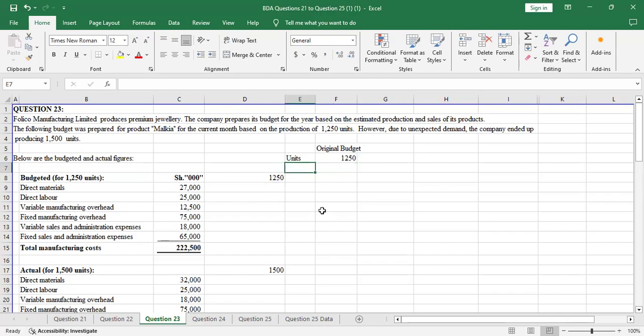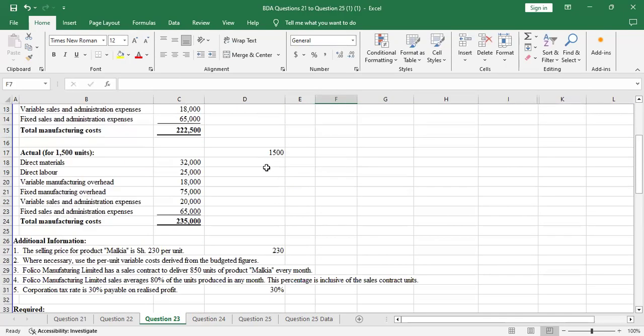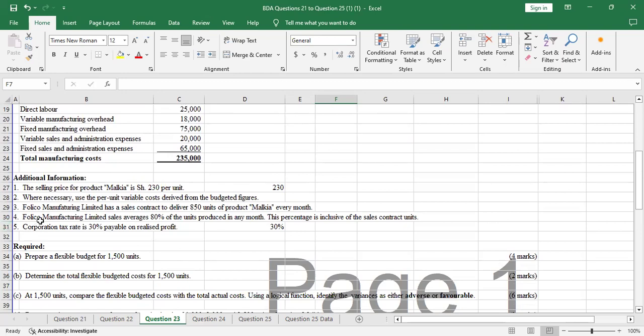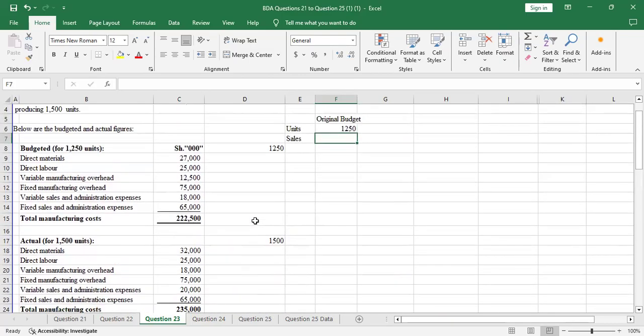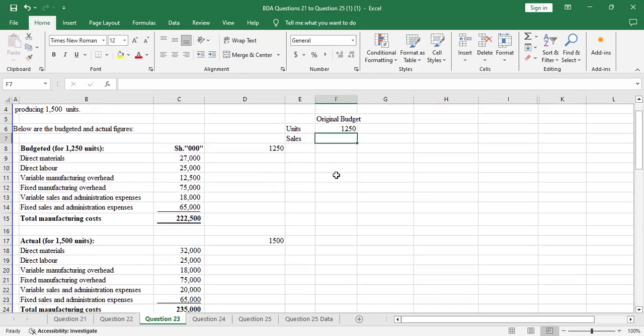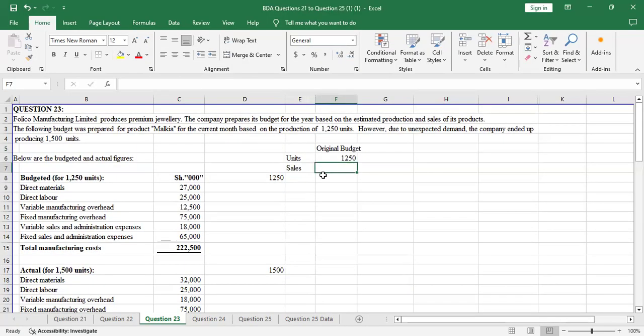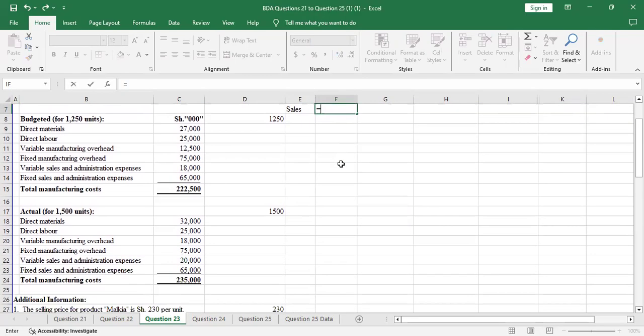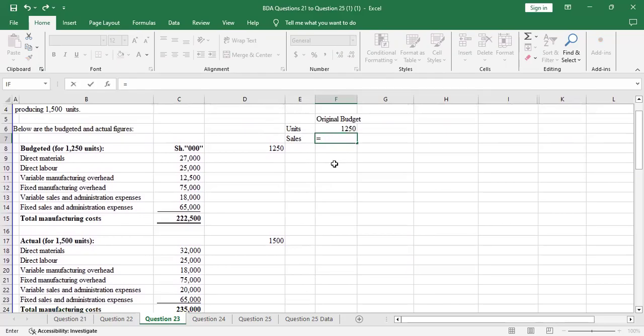Then we have the sales, which is the sales revenue. For sales revenue, we go to additional information number 4. They are saying that Folico Manufacturing Limited sales average 80% of the units produced in any month. So under the original budget, there was budgeted production of 1,250 units, but only 80% of this is sold, which generates revenue. You know that sales revenue is equal to price times quantity sold.